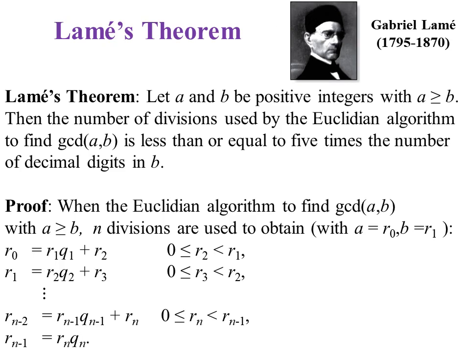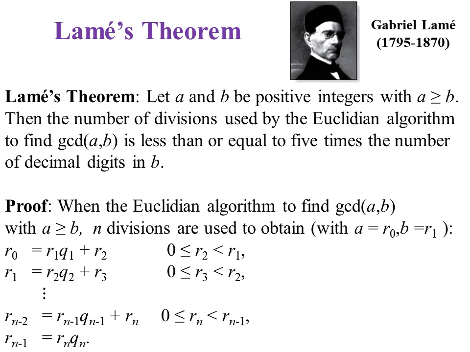Lame's theorem is because of Gabriel Lame. He contributed significantly to number theory, applied mathematics, and thermodynamics. This theorem states that let a and b be two positive integers with a greater than or equal to b.